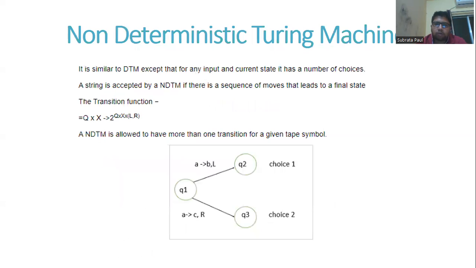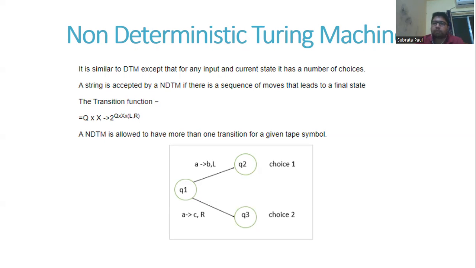Next, we move on to the non-deterministic Turing machine. It is similar to the deterministic Turing machine, except that for any input and current state, it has a number of choices. That means for a single input, it can move to n number of states. A string is accepted by the non-deterministic Turing machine if there is a sequence of moves that leads to the final state.